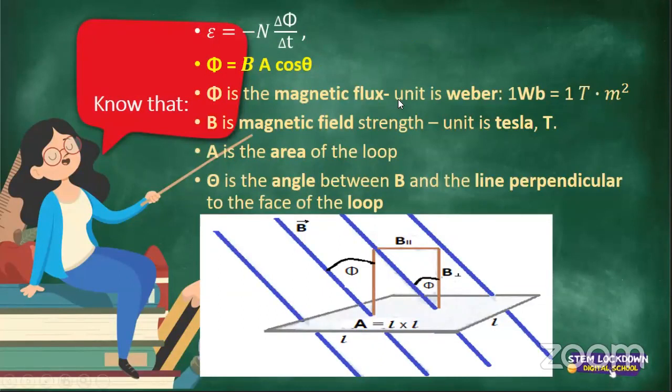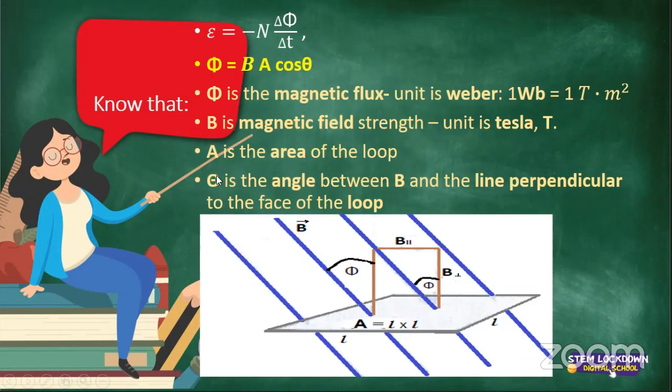So phi is magnetic flux, and the unit for magnetic flux is the Weber, and one Weber equals one Tesla meter squared. B represents the magnetic field strength, and it has a unit, Tesla, which is capital T. A is the area that the loop occupies.